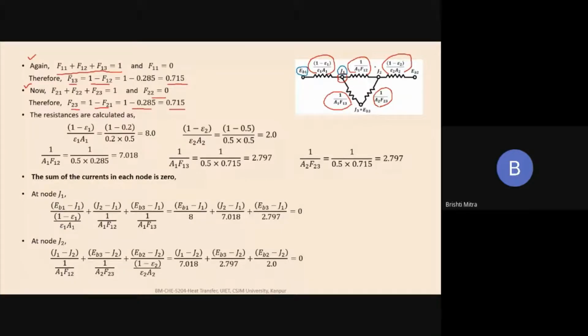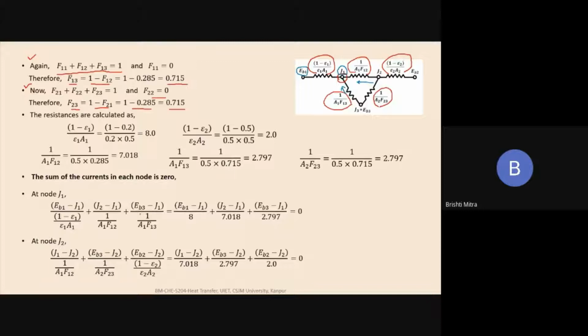The second one, which is coming to node J1, is J2 minus J1. So this is coming from here to here. So J2 minus J1 divided by the resistance, that is 1 by A1 F12. And the third one, which is out here, is J3 minus J1 divided by 1 by A1 F13.